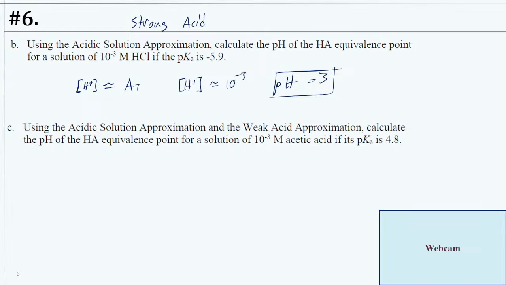So this one, if you look toward the back, this approximation is given, and it says that H plus is approximately going to be equal to the square root of the Ka times the total acid. So that would say we've got the square root of 10 to the minus 4.8 times 10 to the minus 3rd.